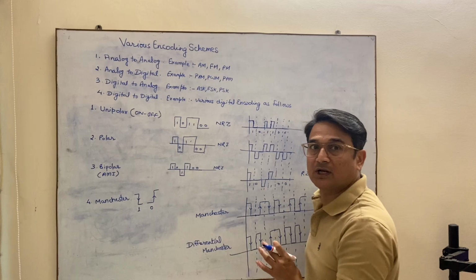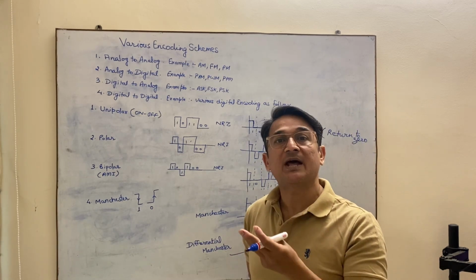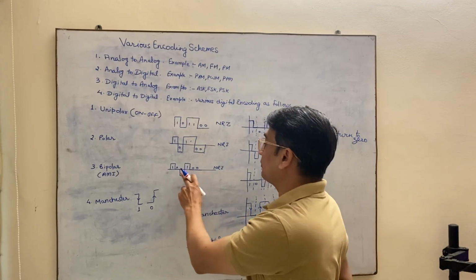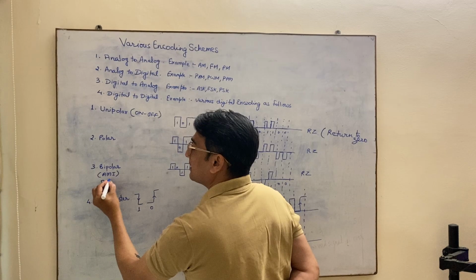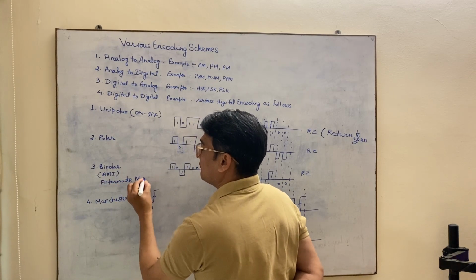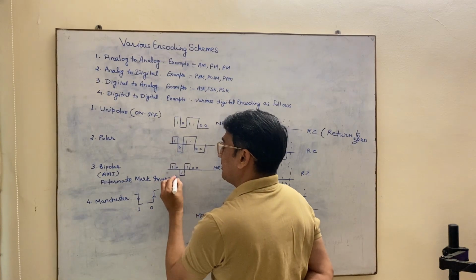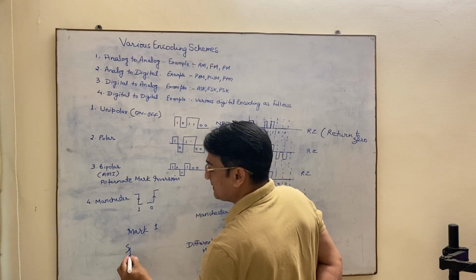Third is a bipolar. Bipolar means it is also having two polarity, but both polarities are for bit 1 and for 0 it is having 0. It is also called AMI, which is alternate mark inversion. Now what is mark? Mark means 1 and space means 0.